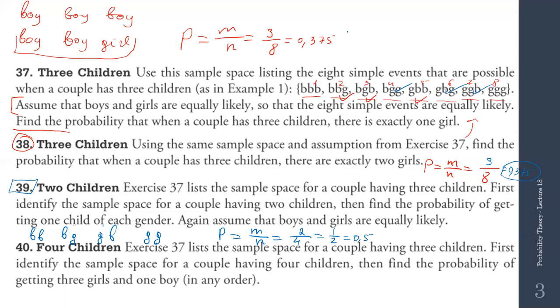For a couple having 4 children: boy, boy, boy, boy; boy, boy, boy, girl; boy, boy, girl, boy; boy, girl, boy, boy; and so on, girl, boy, boy, boy; boy, boy, girl, girl; boy, girl, boy, girl; girl, girl, boy.